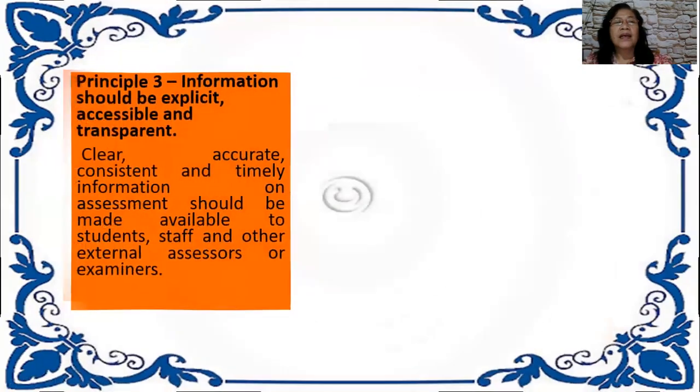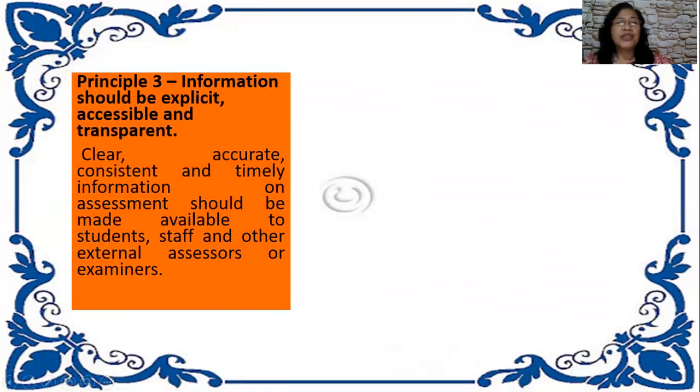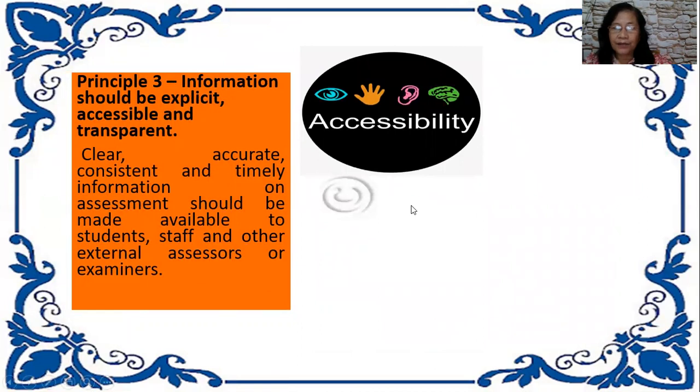Okay. Now, the third principle is information should be explicit, accessible, and transparent. Clear, accurate, consistent, and timely information on assessment should be made available to students, staff, and other external assessors or examiners. A very good example for this is during Quiz Bee. During intrams, if you remember, spelling contest, general information contest, there is accurate, clear, and consistently timely information.